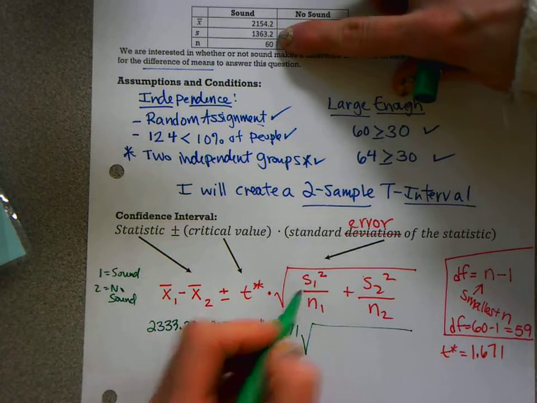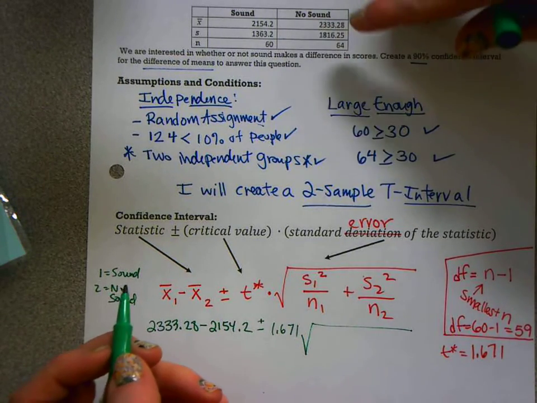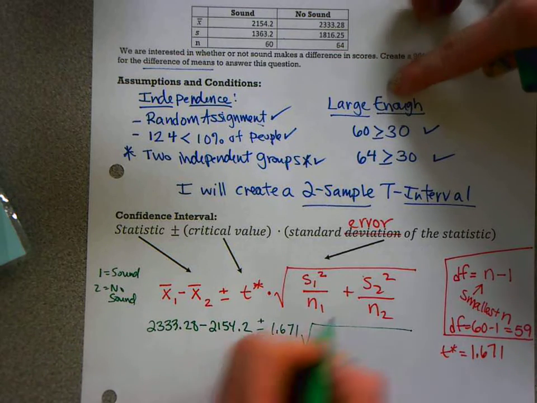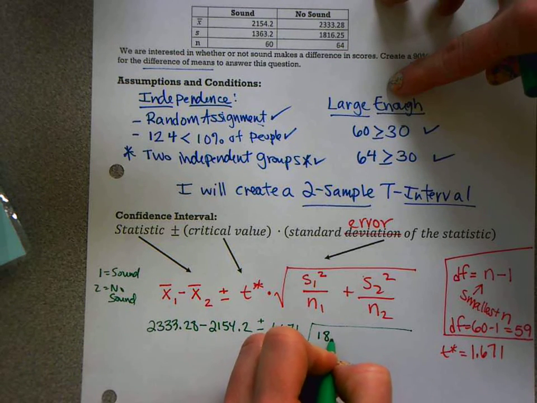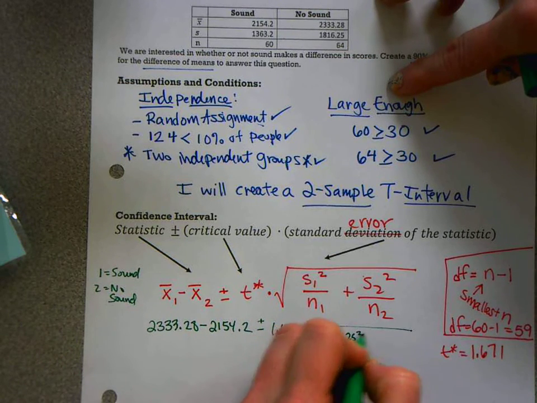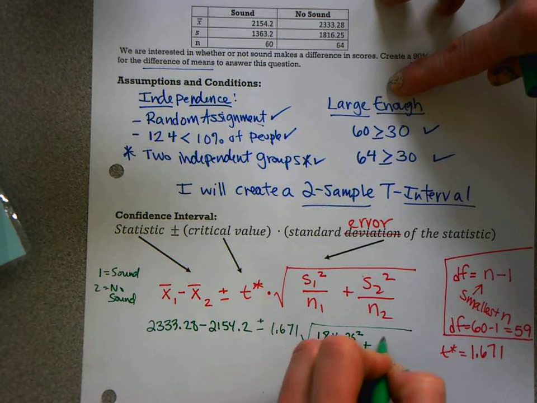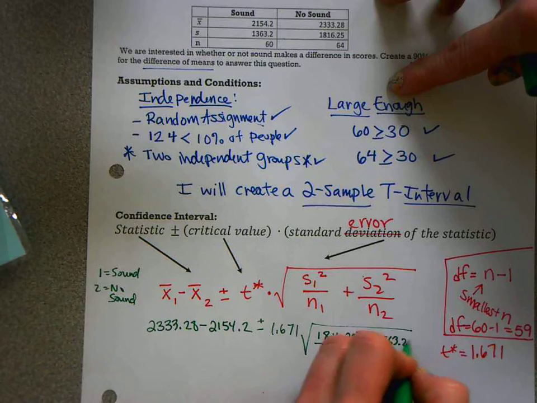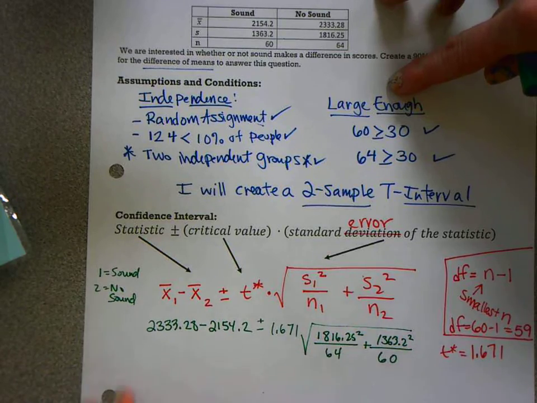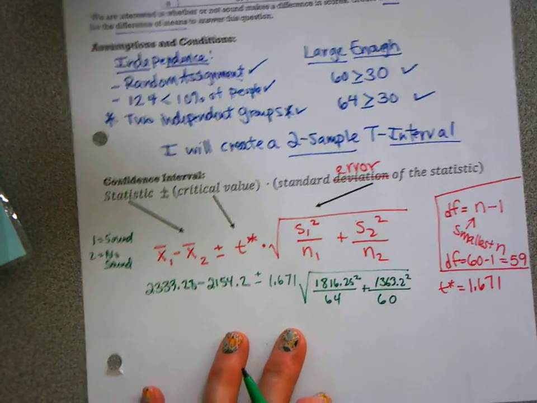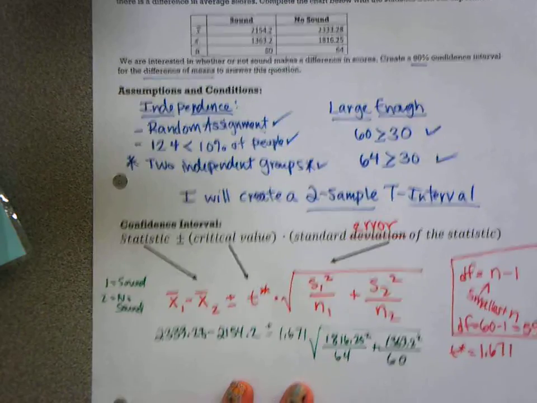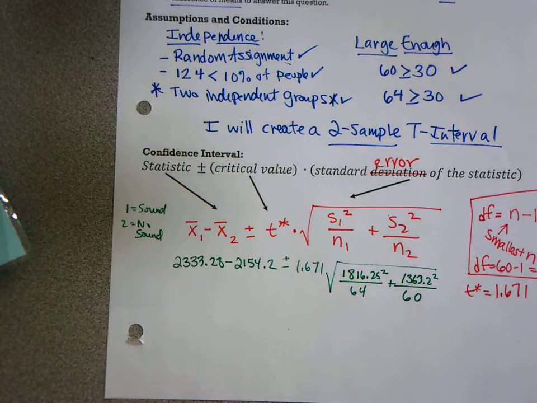Now this doesn't matter because you're going to add them, so I'll just do it in order though. 1816.25 squared over 64, that's for my no sound group, plus 1363.2 squared over my 60. So just use the numbers that were given to me. Real simple. All right, calculator time.